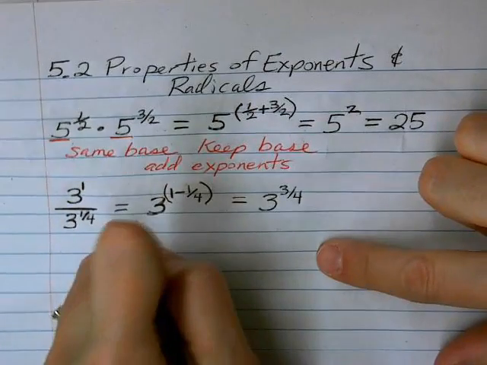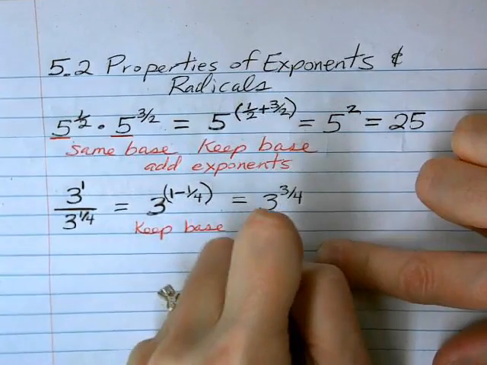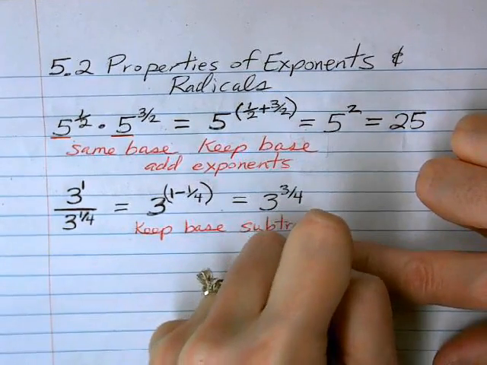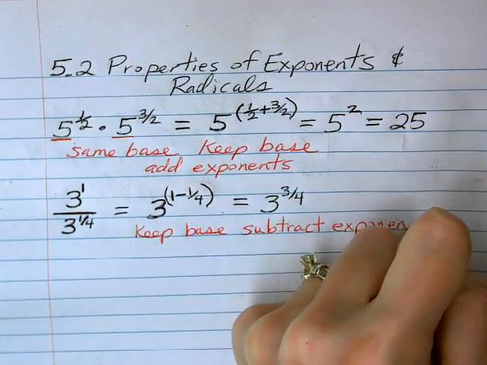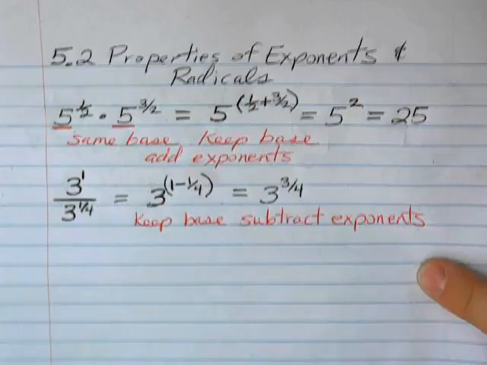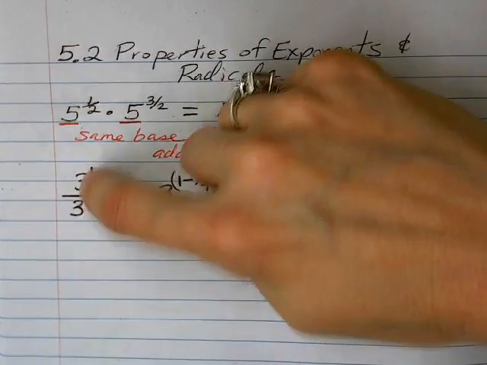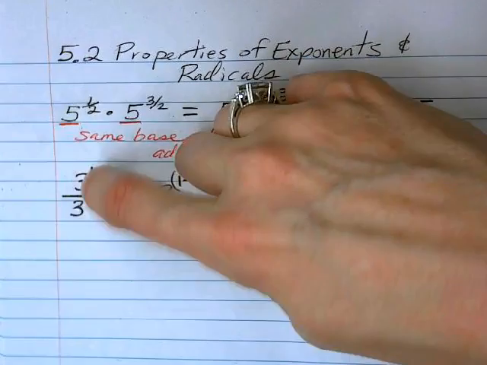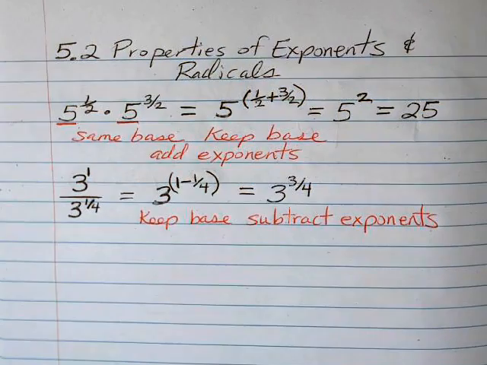So this time I keep the base again, and I'll just write what we did. We subtracted the exponents. That's what we did, kind of the directions in red. See, we kept the base, so we did not divide the 3's. Some people want to try to divide the 3's. You don't divide the 3's. It's a common base. You keep that base.